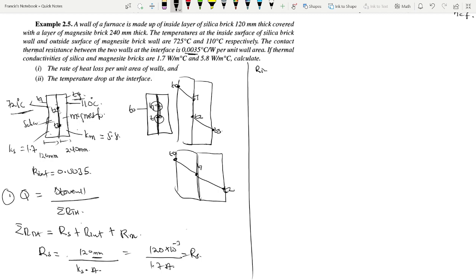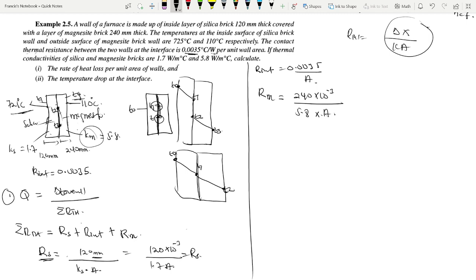And then our R interface, from this point to this point, was given in the question as 0.0035 per unit area, which means it's over area A. And then R of the magnesite will be equal to the thickness, 240 times 10 to the minus 3, all over Km, 5.8, multiplied by the area A. We know that for conductors, thermal resistance is equal to thickness over K times A, so that's what we are using.